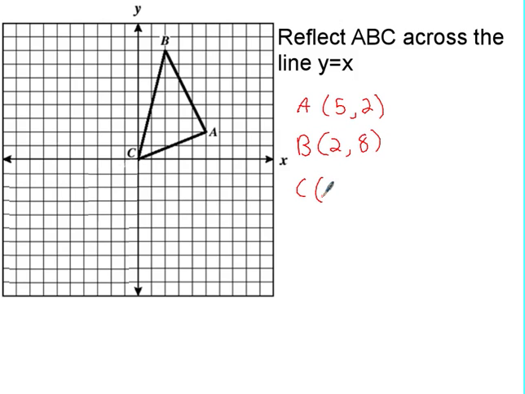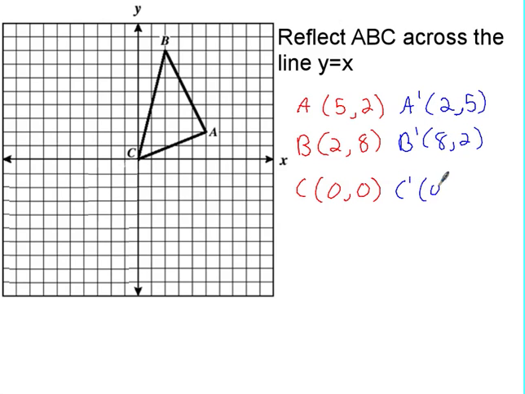C is at 0, 0. And then let's write what the new coordinate point should be. So A prime, the rule for across y equals x is just to switch them. So this should be 2, 5. B prime is 8, 2. And C is still going to be 0, 0. So C prime and C will both be in the same place.